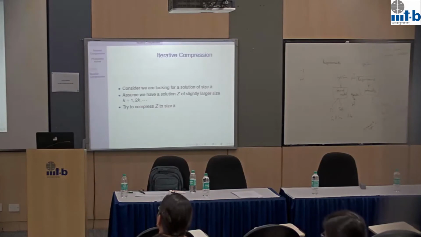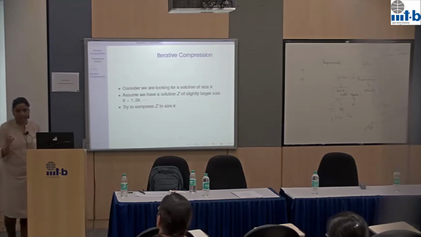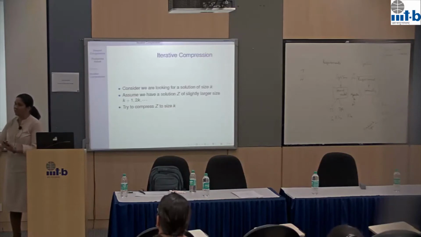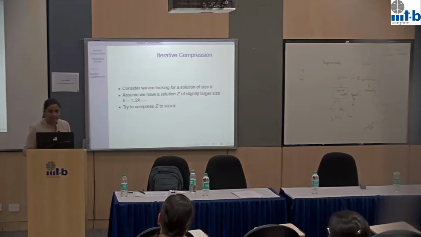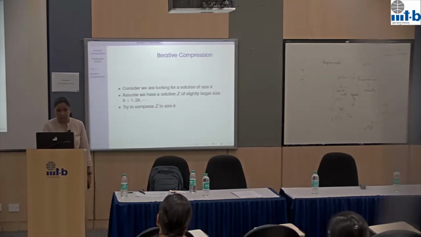You start with a solution which is of slightly larger value than what you are looking for, slightly larger than the budget, and you try to compress this into the size you need. And what usually happens in a compression step is this.